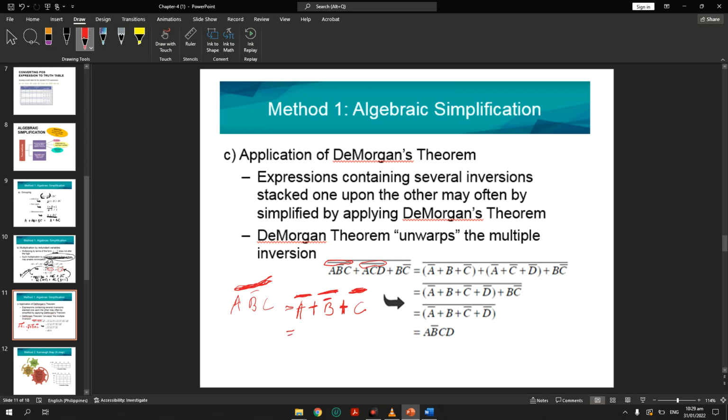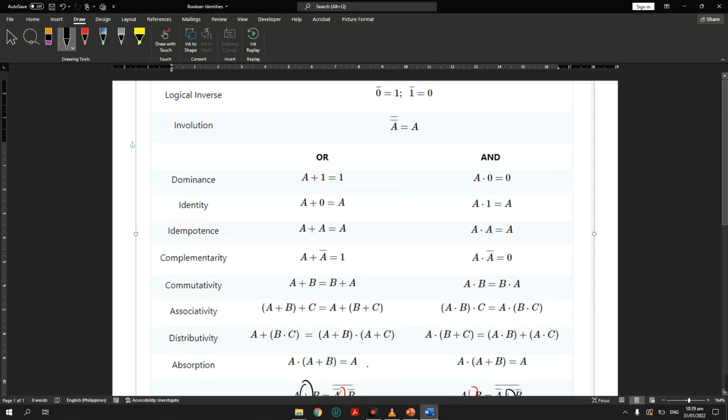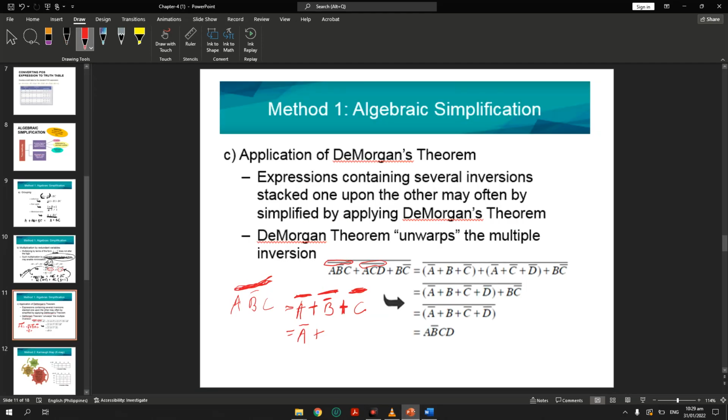If you simplify, this is A complement plus, what is B complement complemented? According to our theorem on involution, double complement is equal to the quantity itself, which means two negatives become positive. So that also applies here: the complement of the complement becomes positive. B plus C complement. So that is the term here.